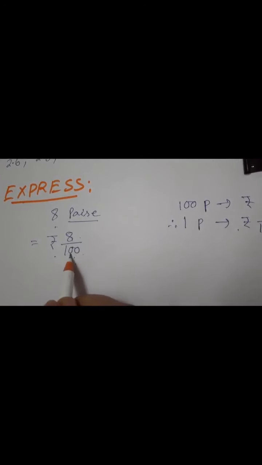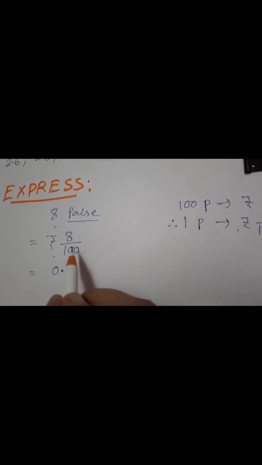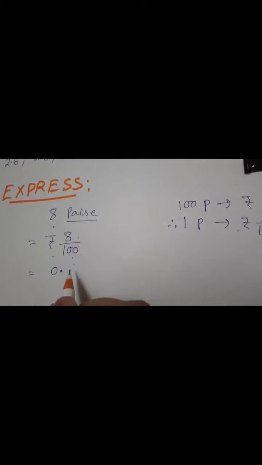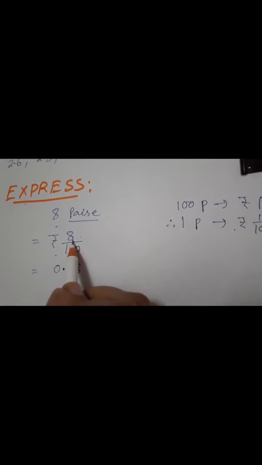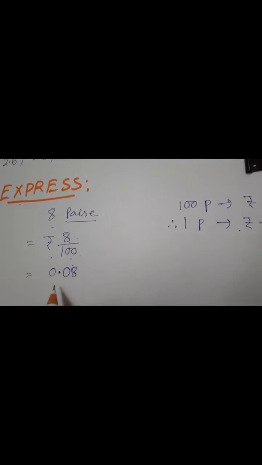Because 2 zeros are there in the denominator, we will place the decimal point before 2 digits. We count 2 digits and before those 2 digits we place the decimal point. Here there is already 1 digit, that is 8, but we have to place the decimal point before 2 digits.